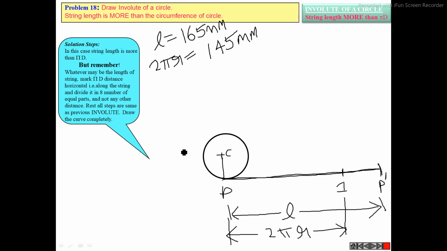Yes, sir. After some time, once you have wrapped completely one revolution of that particular thread, you find that some portion of the thread is unwrapped, it is left. Yes or no? Yes, sir. So my involute will start from which point?